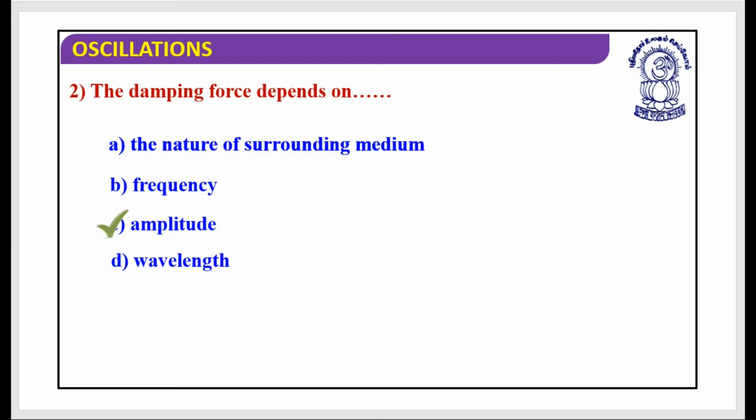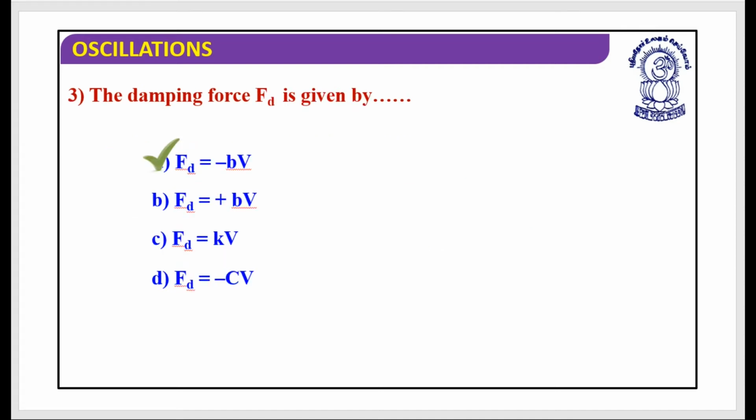Next, the damping force is directly proportional to minus V, so it is minus B into V. The damping force depends on the nature of the surrounding medium, not on the frequency, amplitude or wavelength. Next, the damping force Fd is given by minus B into V.